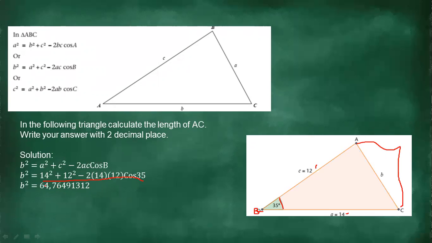For now, just put everything on your calculator there. Thereafter, you put square root both sides so that we can get rid of this exponent 2 because we're in need of b. Then we say b equals to 8.05 units. So that is the value of AC. So the length of AC is 8.05 units.